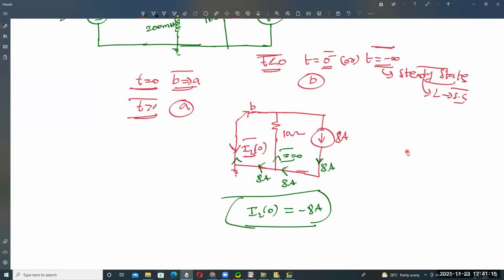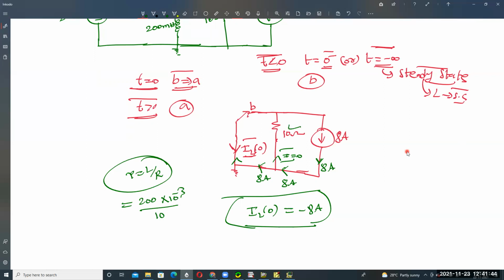Then the time required. What is the time constant after the switching action? We will find the time constant. The time constant for an RL circuit is L by R. L is 200 millihenry, that is 200 times 10 to the power of minus 3, and R is 10 ohms.